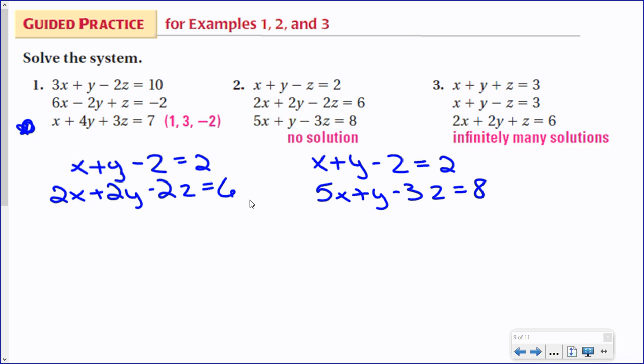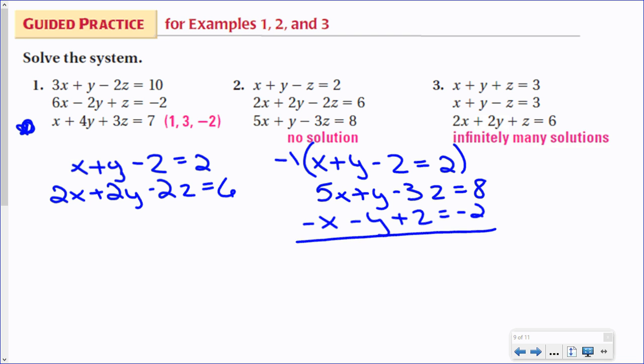Looking at the y's on the one over here, let's go with the y's because all I'd have to do is multiply the top by -1 and it would go pretty quick. Okay, that wasn't bad. So if I got the y's to eliminate, I need to get the y's to eliminate on this one. So I'll multiply the top by -2.